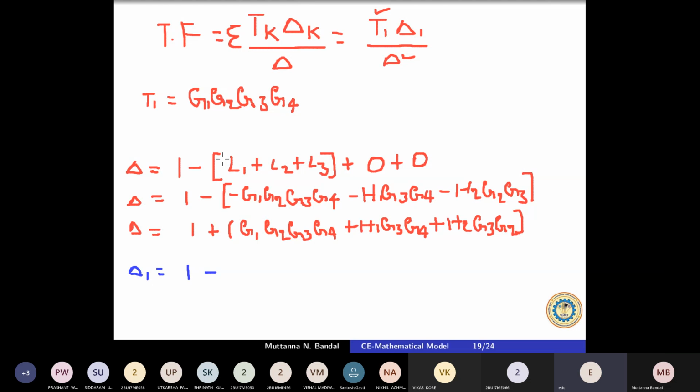So it will be 1 minus L1 plus L2 plus L3. This is the delta. Out of this delta I have to get delta 1. To do that there is a rule I have to follow: I have to eliminate the loops that are touching the forward path.